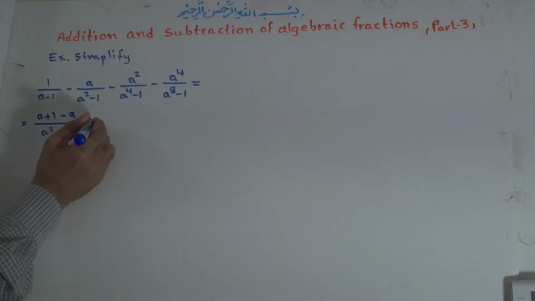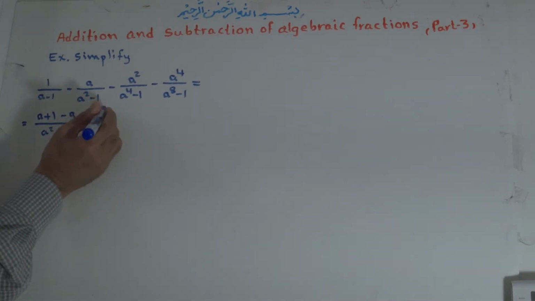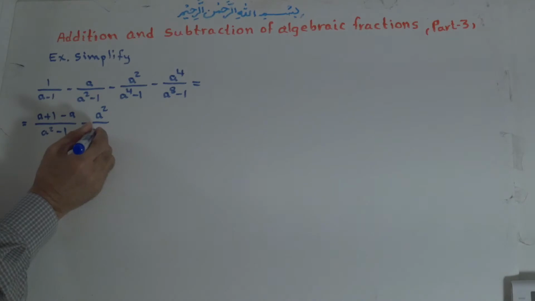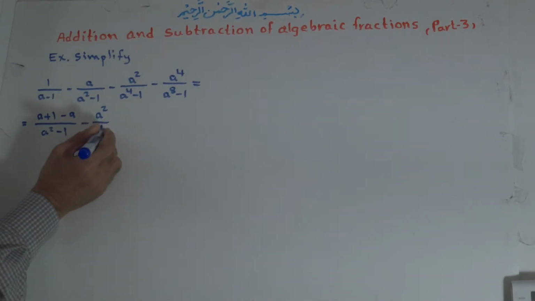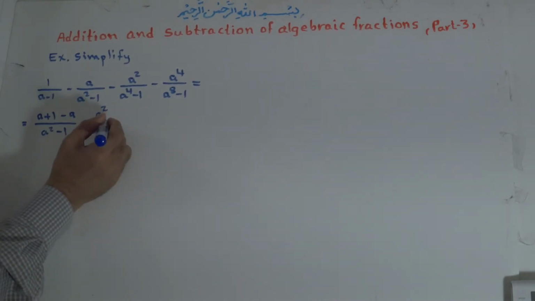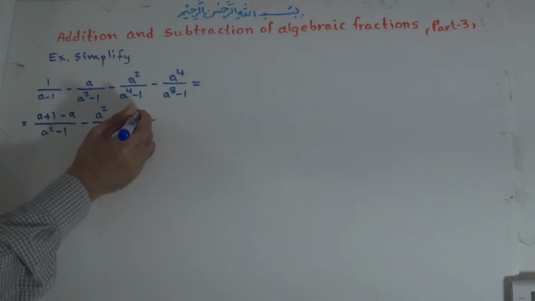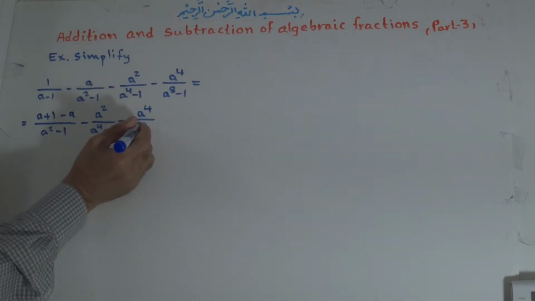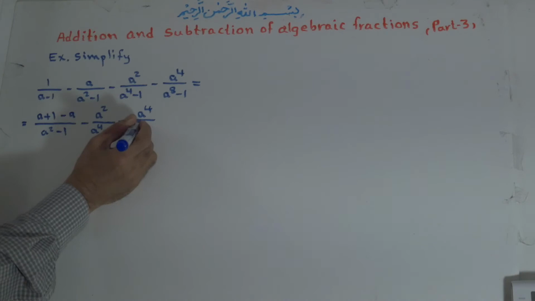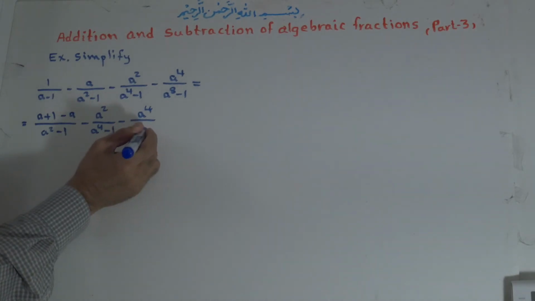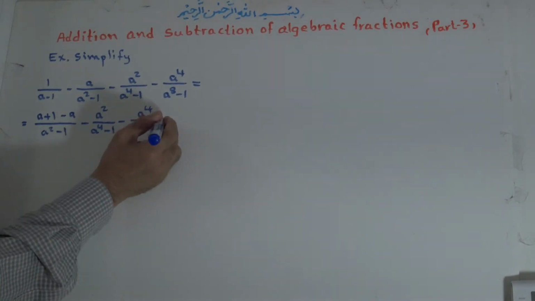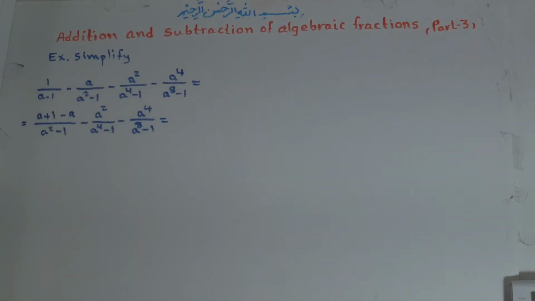Minus a to the power of 2 over a to the power of 4 minus 1, minus a to the power of 4 over a to the power of 8 minus 1. And now what we do, we simplify this one.